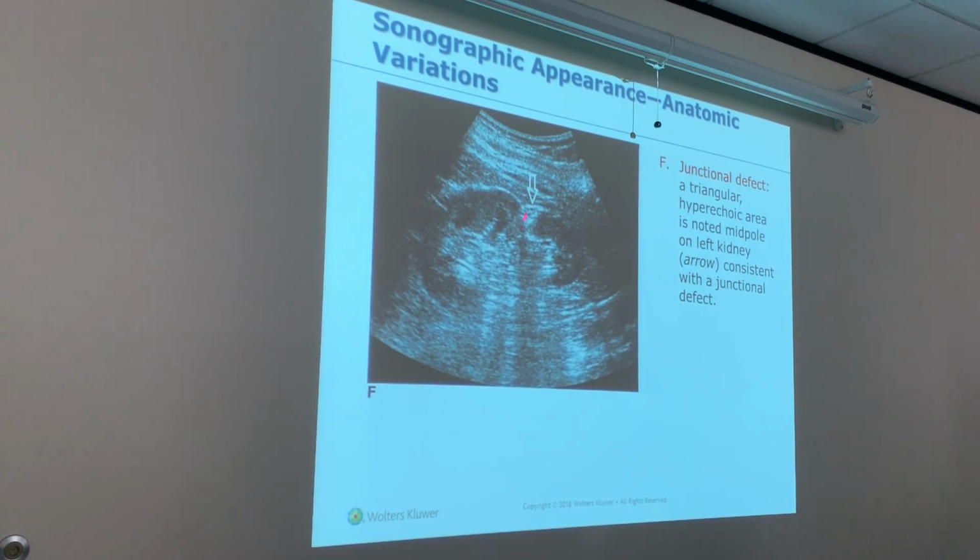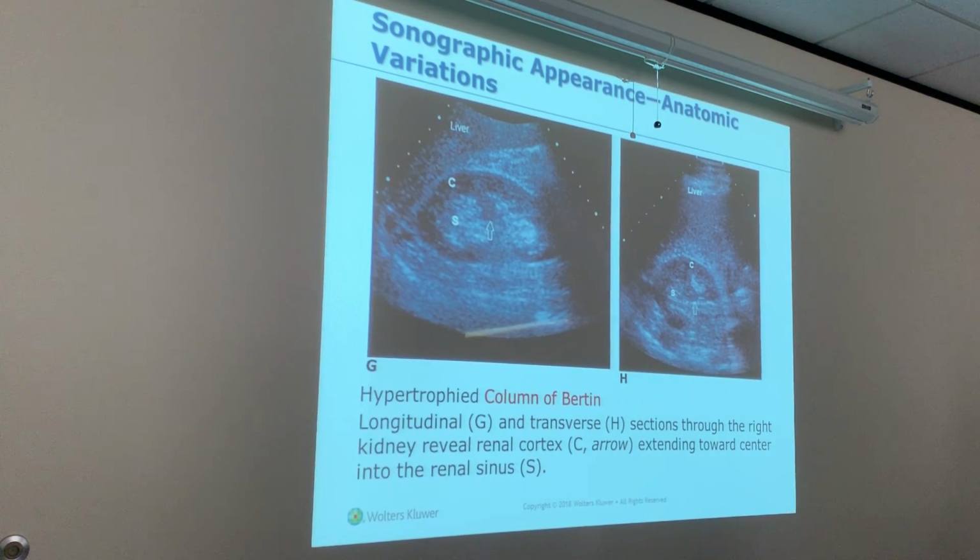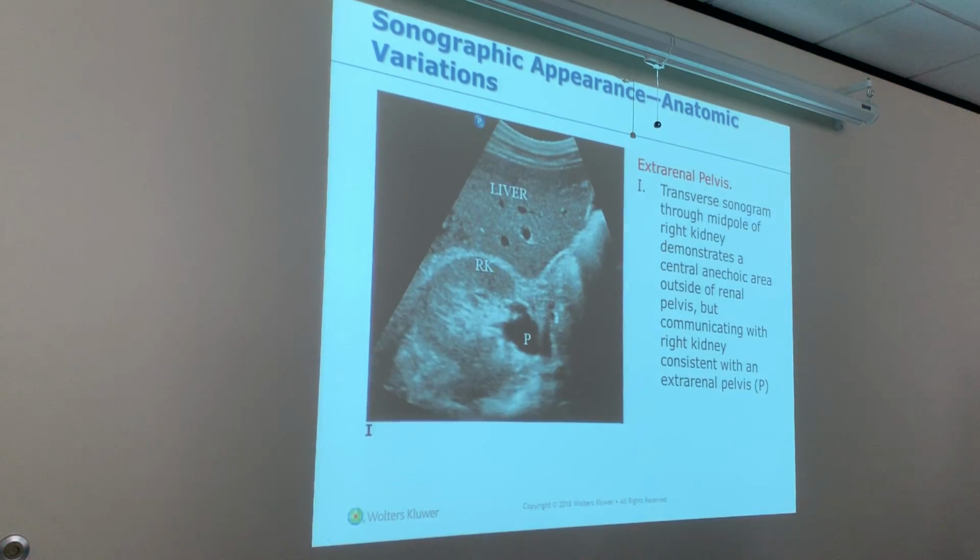You have a little bite out of the cortex. It's always a triangle. Column of Bertin, you can see there's too much space in between the pyramids. Do not measure it. Extrarenal pelvis. You can see that it's inside the kidney.